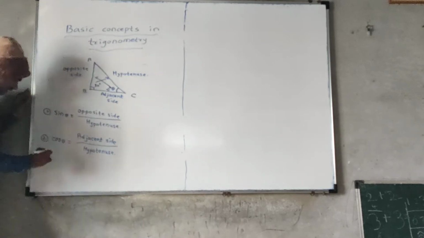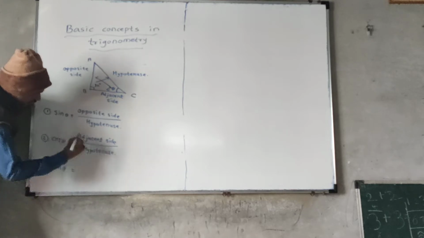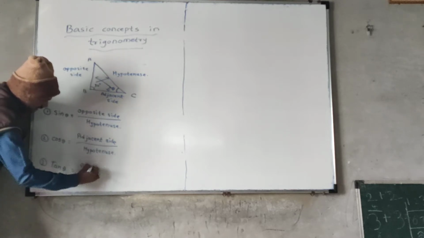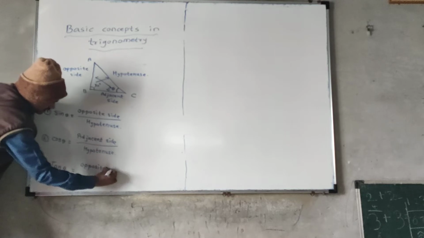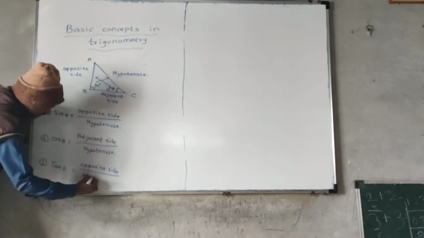And third one is tan theta, which is equal to opposite side upon adjacent side.